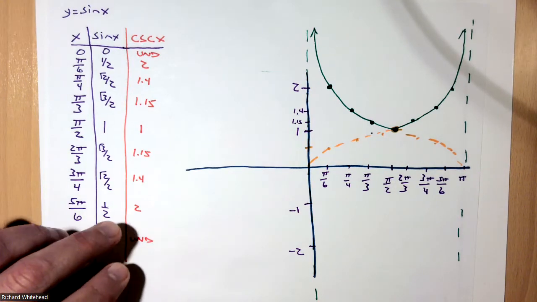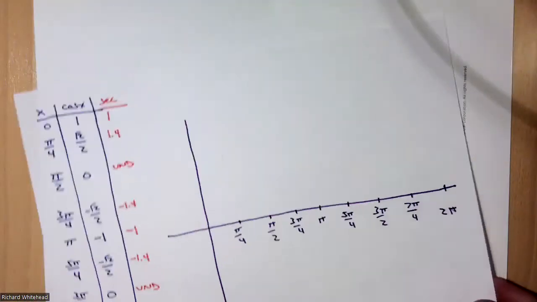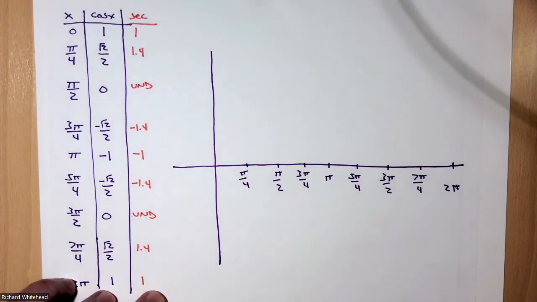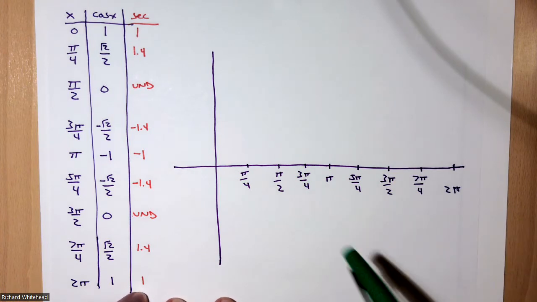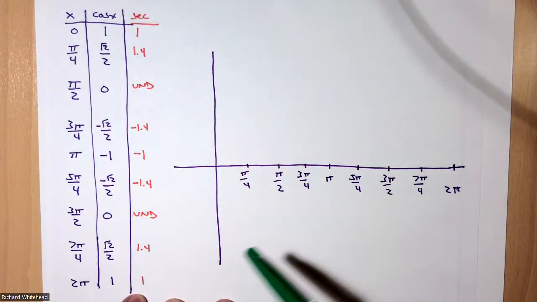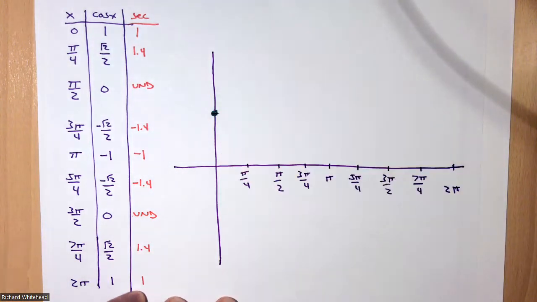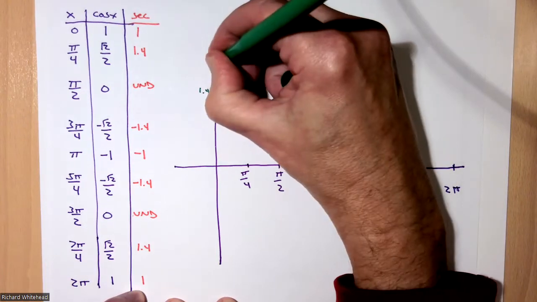Somebody says, all right, that's kind of weird, but let's build on that. So let's do it for a cosine and a secant. We're graphing the secant. Let's call this 1.4.